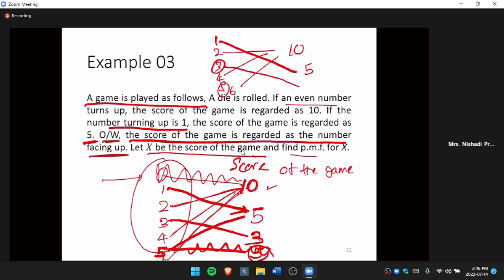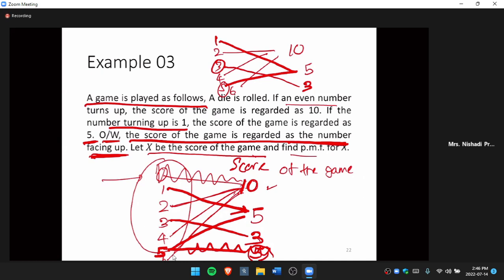It is regarded as the number facing up, that is equal to 3, the same number. If we get number 5, that should be 5, but we are not going to write 5 again because we have already recorded it here. Understand? So this is how we map our sample space into the induced sample space. I hope now you understood how to map that.